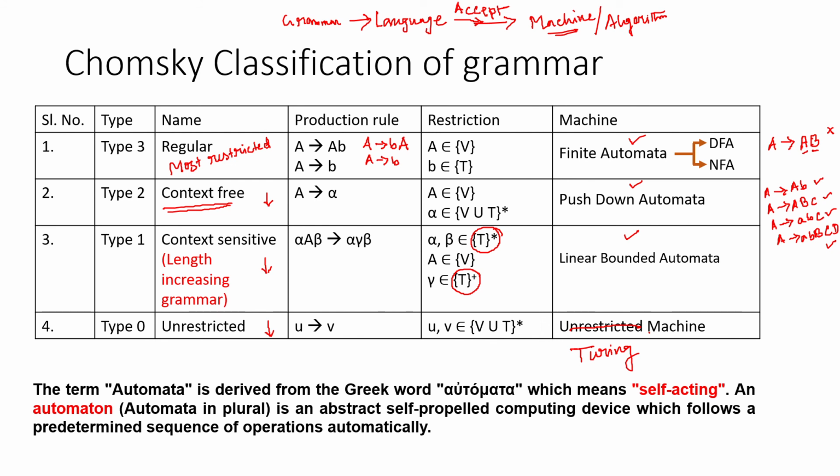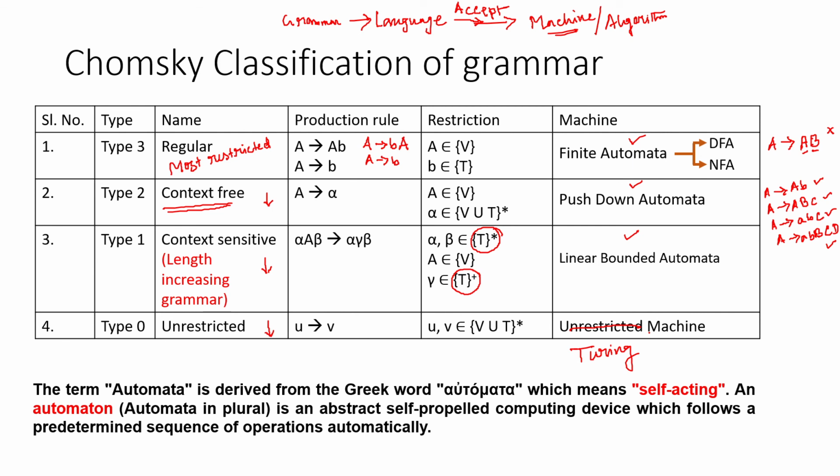Now, very frequently we are using this word automata. You must know that this term automata is derived from a Greek word, which it's not possible to pronounce because we don't know Greek letters properly, but which means something which is self-acting.